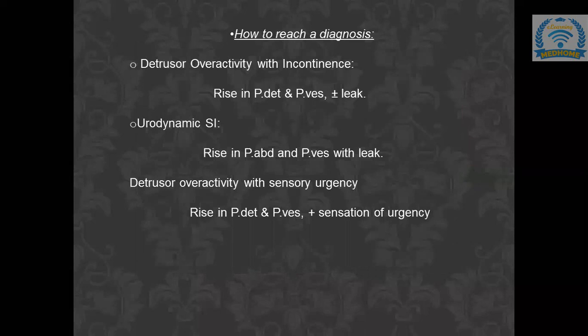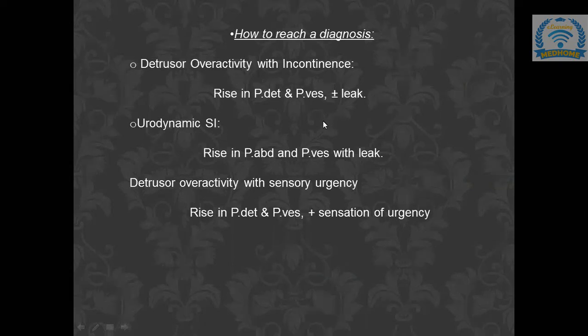Now, how do we define them? If it is going to be detrusor overactivity with incontinence, there's going to be a rise in the detrusor muscle pressure and the vesical pressure. There may be a leak or there may not be a leak. Detrusor overactivity that is wet, and detrusor overactivity that is dry.